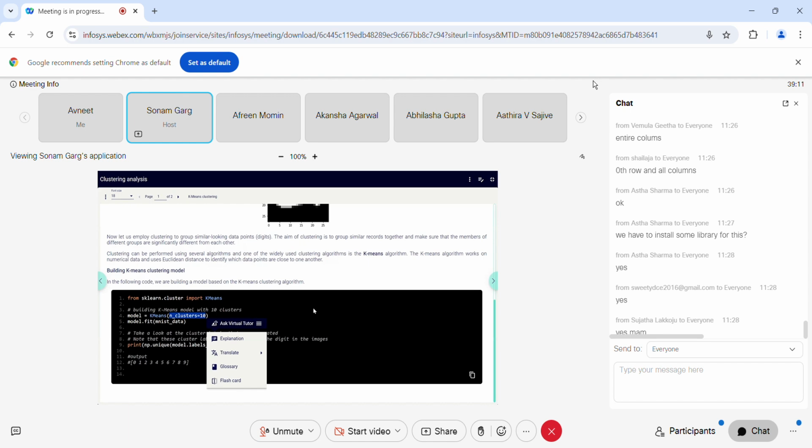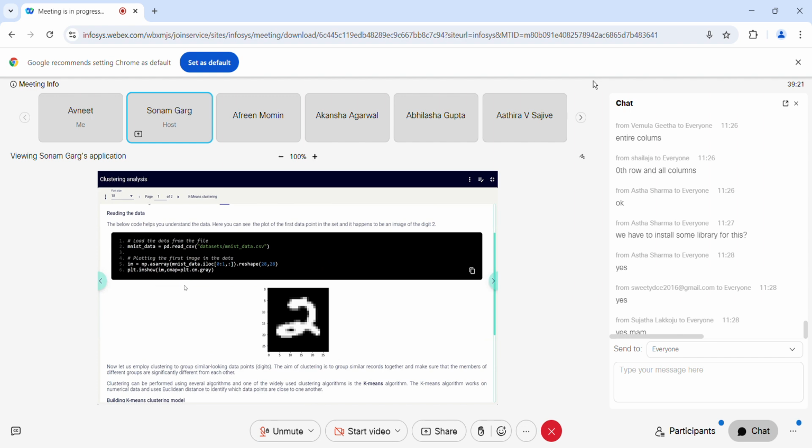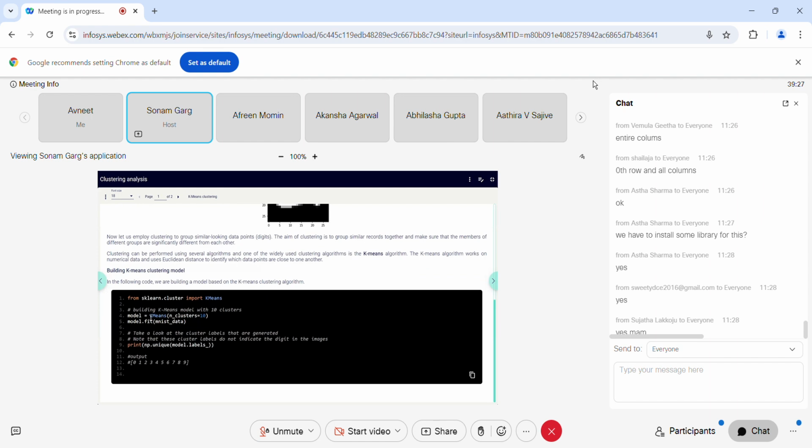So make 10 clusters and fit this model on this MNIST data. See, we have not done anything else. Just import this data, and after this line you can directly jump on and fit your model on this data. The intermediate steps were just to display the image.